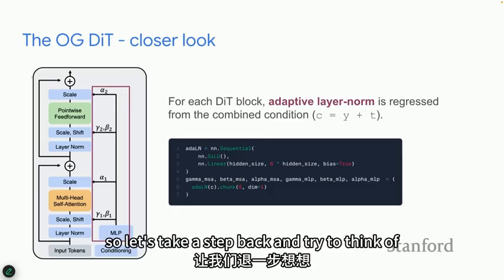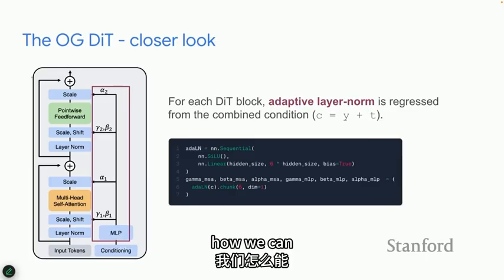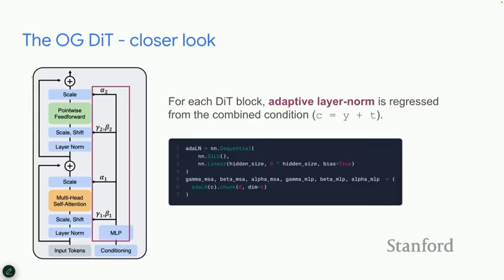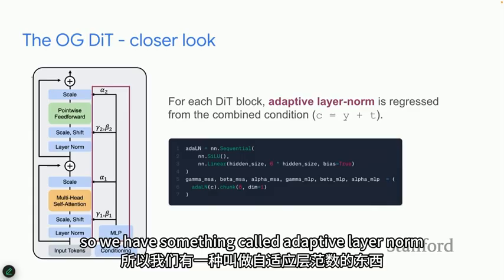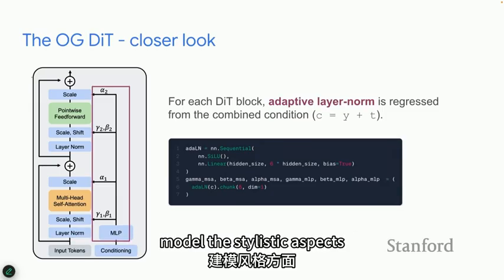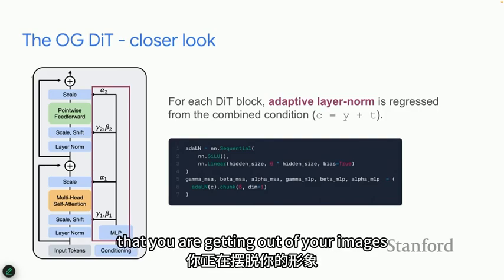So let's take a step back and try to think of how we can inject the conditioning bit into the transformer blocks. So we have something called adaptive layer norm, which is very important in order to model the stylistic aspects that you are getting out of your images.